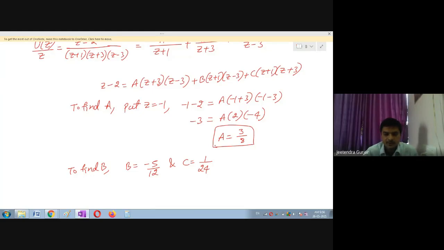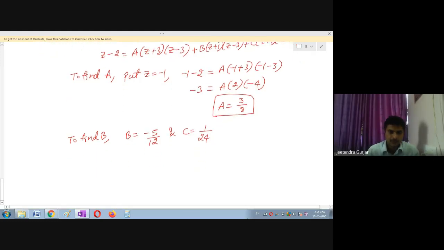Any doubt in this? Yes, Kaustubh beta, you have to simplify. You should be fast now. Please check once again. A, B, and C. Any doubt is there?